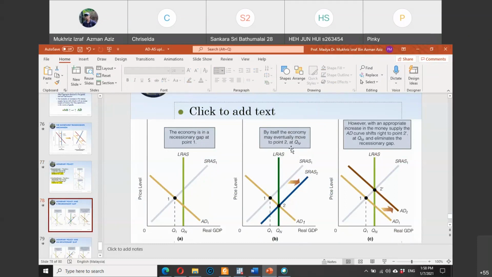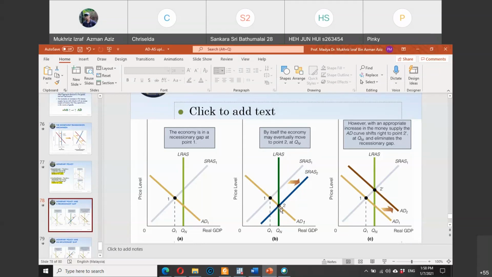By itself the economy may eventually move to point 2 at Qn, which means that even though the government does nothing and lets the market correct itself, using market forces, point number 1 may eventually move to point number 2. Point number 2 is the long run output.